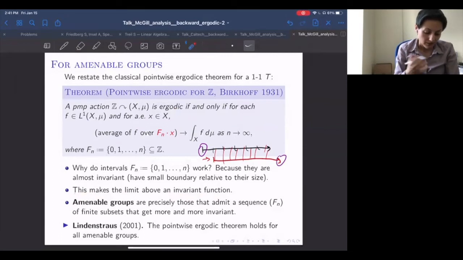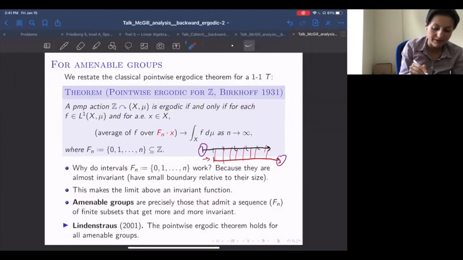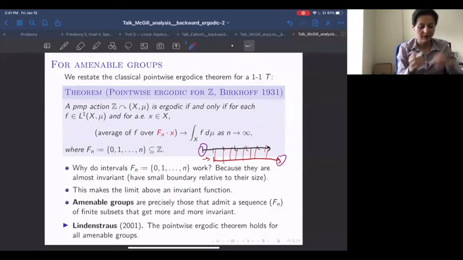So, what other groups have these sorts of invariant subsets with small boundaries? Here, the boundary has only 2 elements, a constant, but in general it can depend on the number of points, but can still be small relative to the whole set.